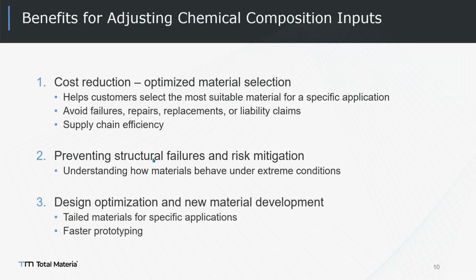And then from a design optimization and new material development perspective, tailoring these materials for specific applications helps you with prototyping, but also understanding from a design optimization standpoint how this material could behave, and having the capability of adjusting these chemical composition inputs in Predictor rather than having to do additional research and also material tests could just give you information faster, and then you could go from there.